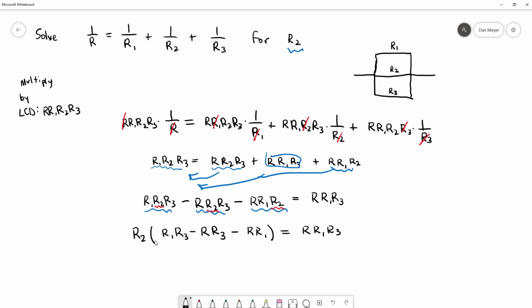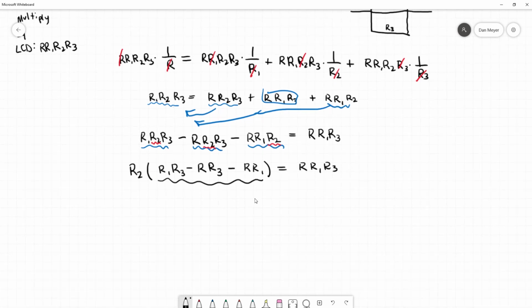And so if I divide on both sides by the non-R2 factor of that left-hand side, I get R2 is equal to, writing the denominator first, R1 R3 minus R R3 minus R R1, all under R times R1 times R3.